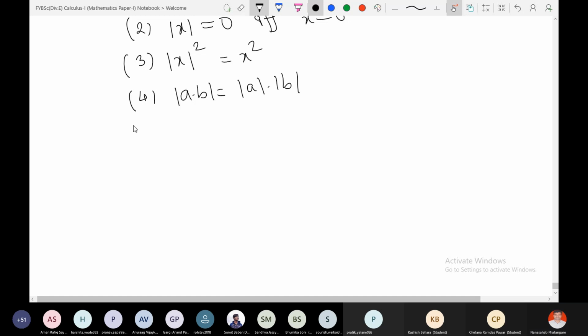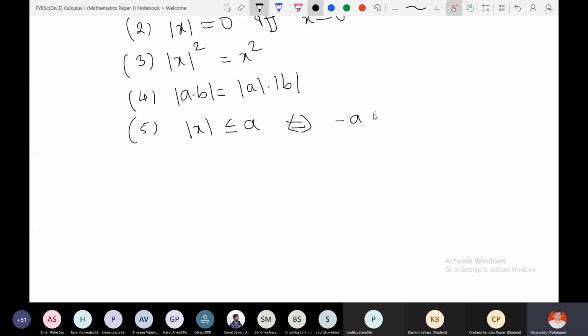So, the absolute value of x is less than or equal to a if and only if minus a is less than or equal to x, which is less than or equal to a. Right.